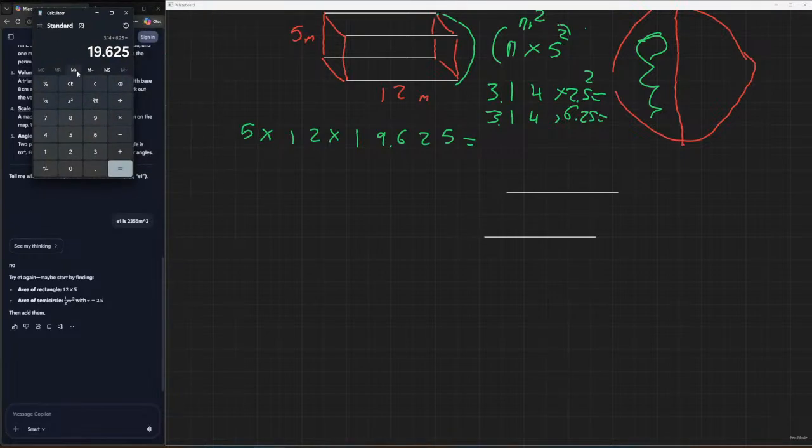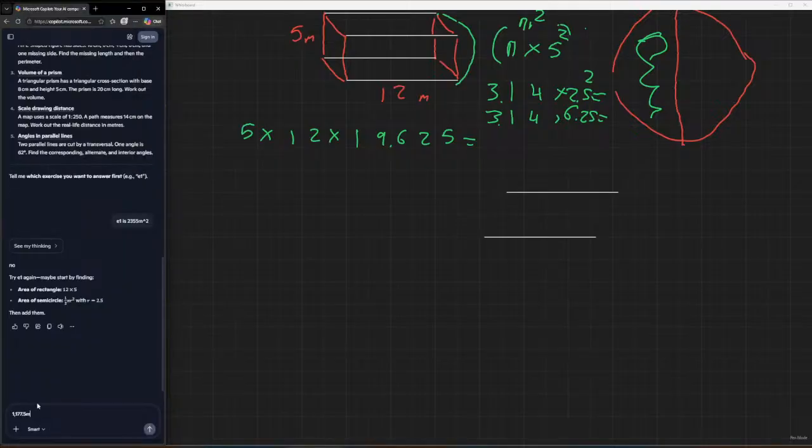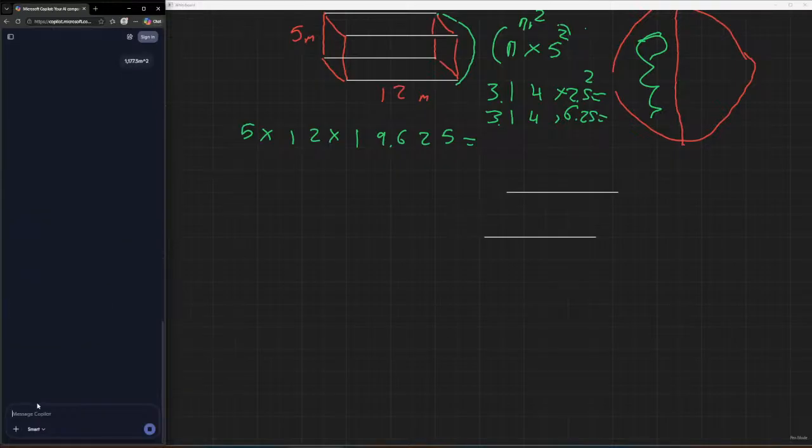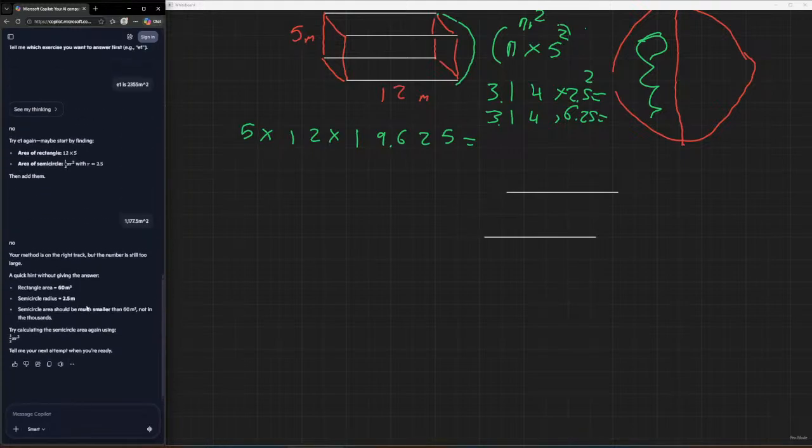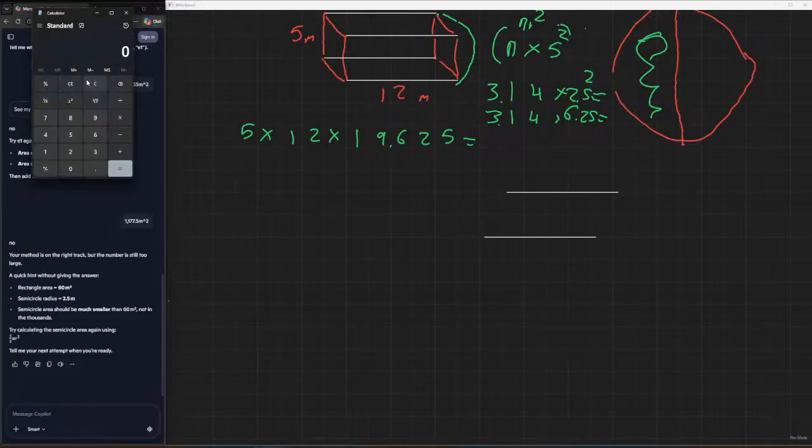19.625, then is what? So times 12 times 5. Twelve times 5 is 60.